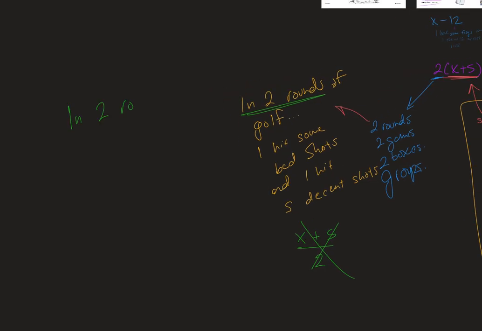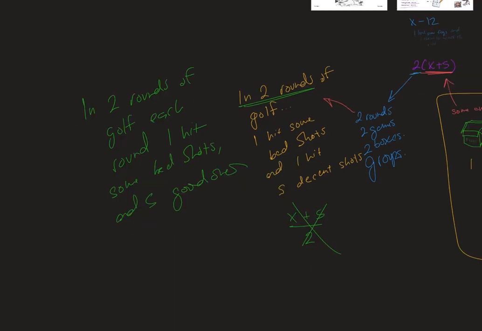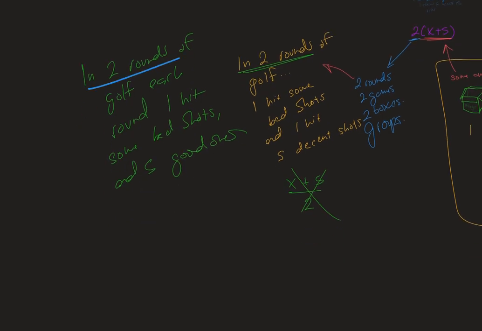In 2 rounds of golf, each round I hit some bad shots and 5 good ones. So now, here we go. In 2 rounds of golf, each, 2 each, I hit some bad shots and 5 good shots.